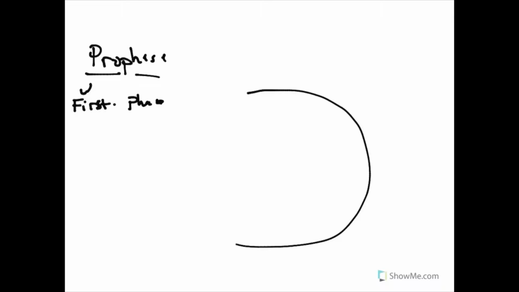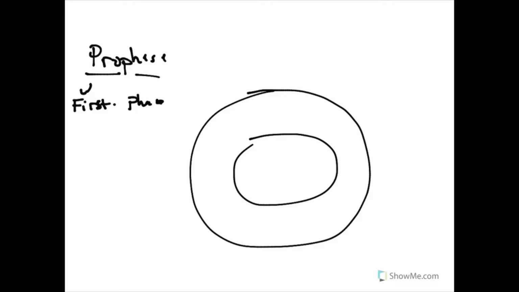Now, the hallmarks of this step are going to be one of the first things I want to make sure we all pay attention to is that first off, your nuclear envelope, the membrane around the nucleus is intact. It is present. So that's the first thing we're going to notice.